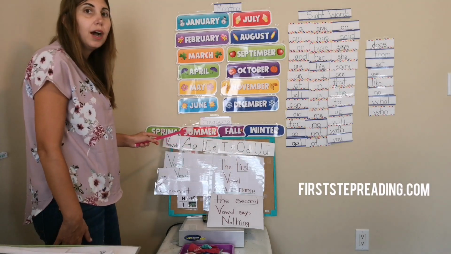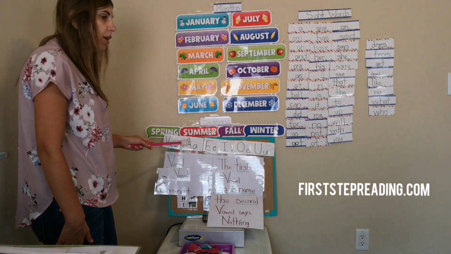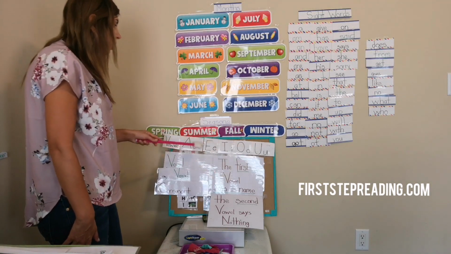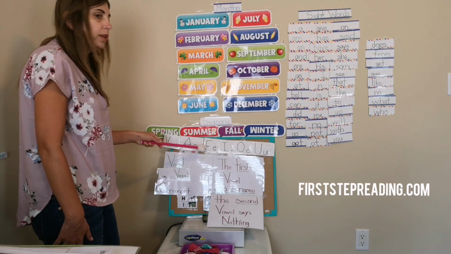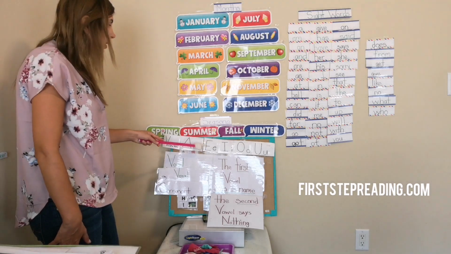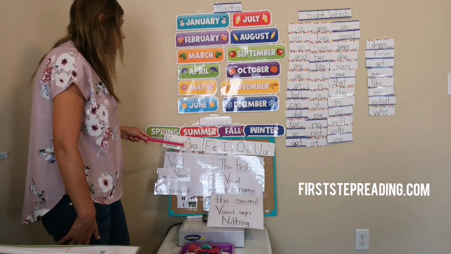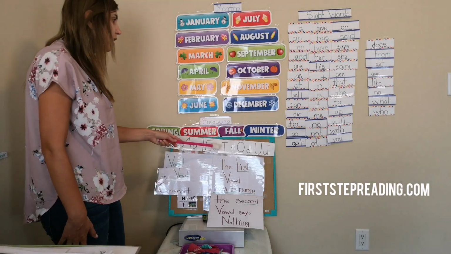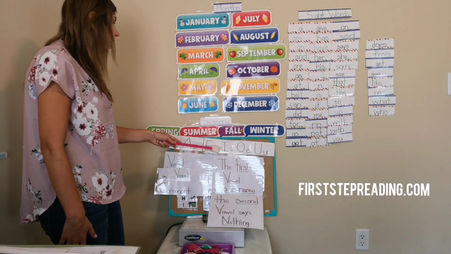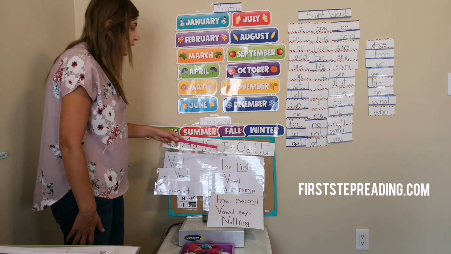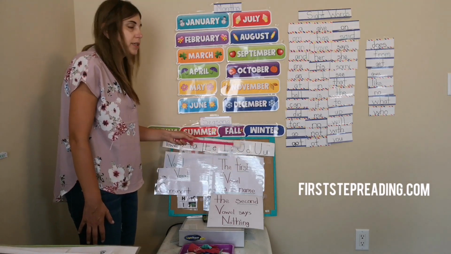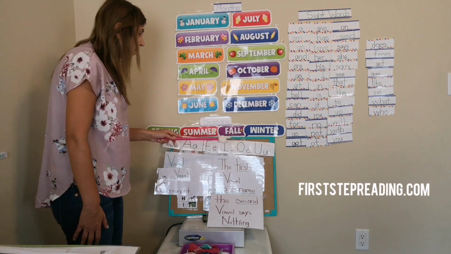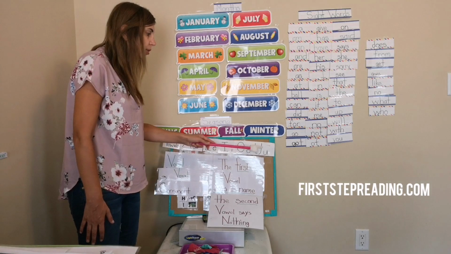A is a vowel, a vowel, a vowel. A is a vowel, A-E-I-O-U. E is a vowel, a vowel, a vowel. E is a vowel, A-E-I-O-U. I is a vowel, A-E-I-O-U.